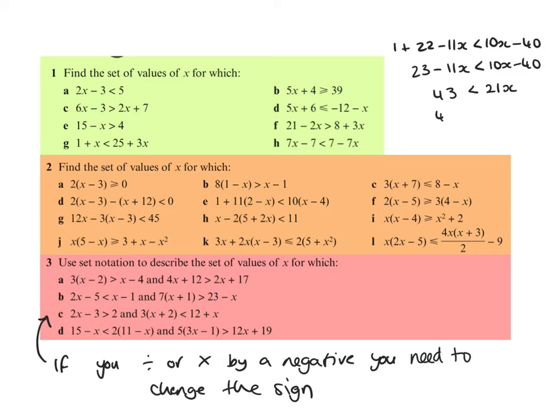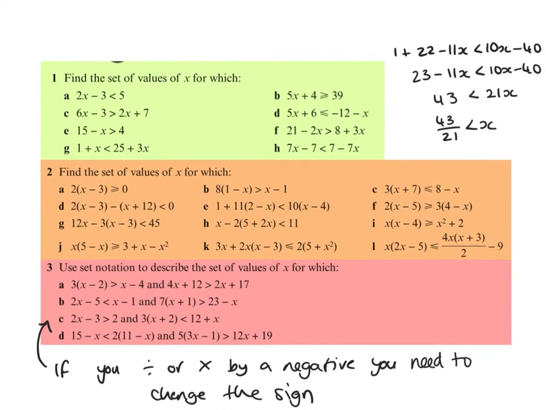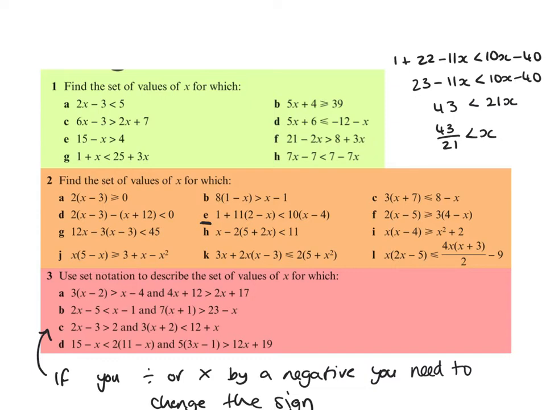Then I'm going to have 63 over 21 is less than x, which is 3. So x is greater than 3.